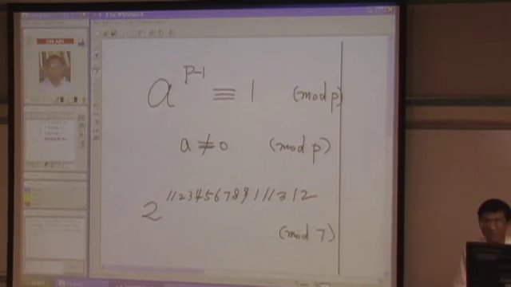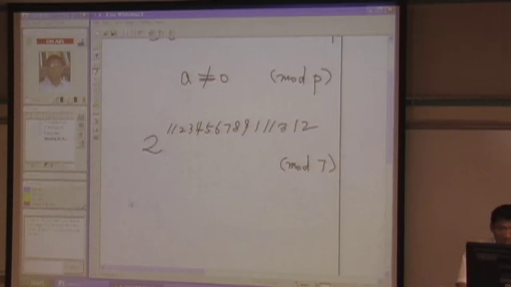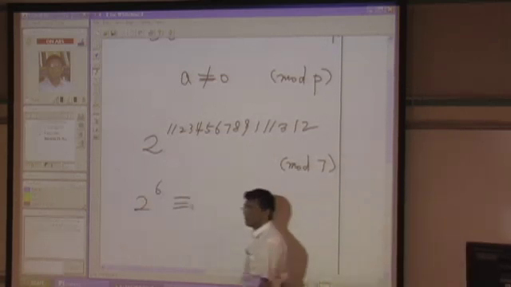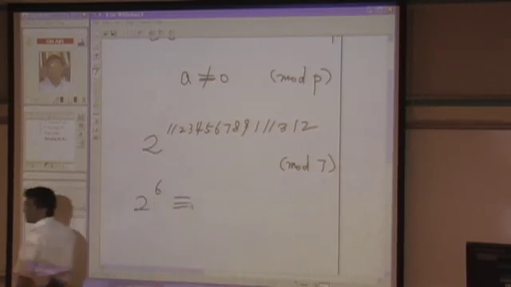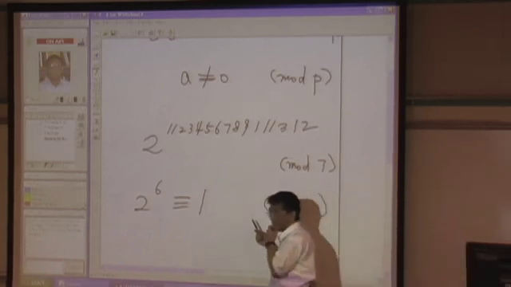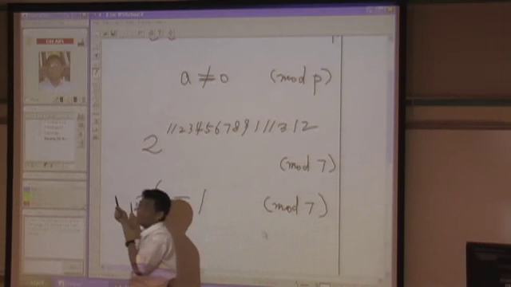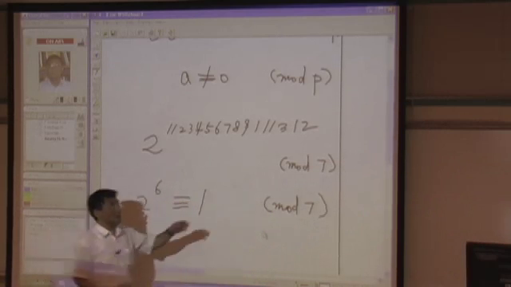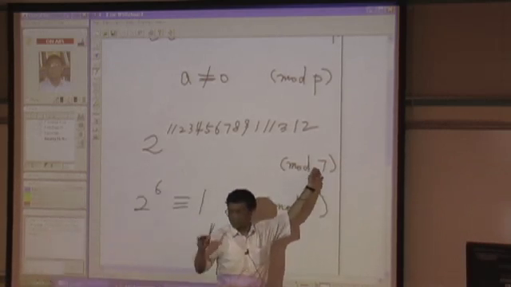We can remove a big chunk by using 2 to the power of 6 is congruent to what? By Fermat's little theorem, this is congruent to 1 mod 7. If you don't believe it, you can check it. But I'm giving a small modulus, then you can use other methods.